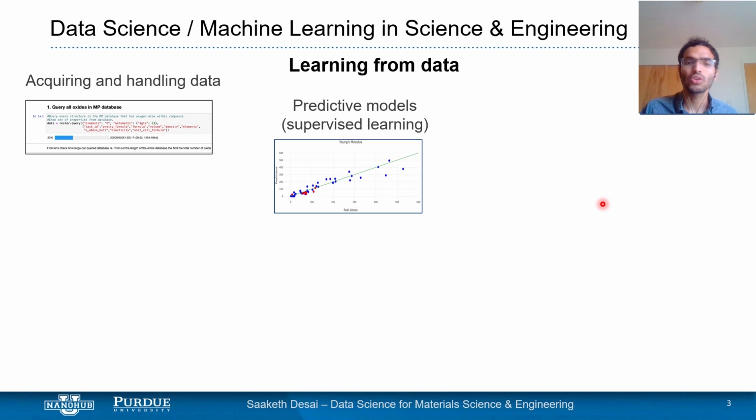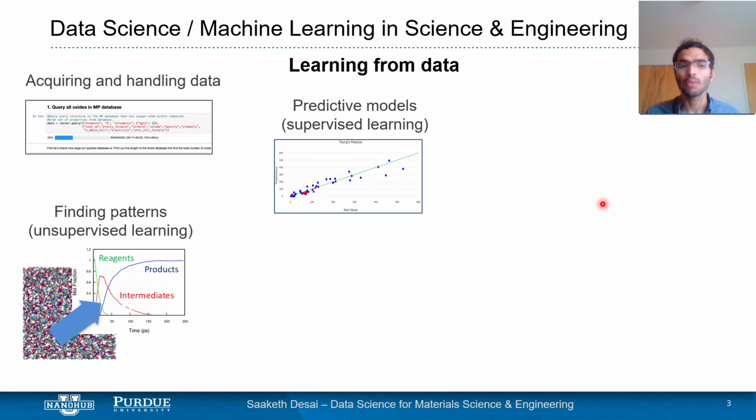And some previous modules also talked about developing predictive models. We started with linear regression, but the goal is to develop predictive models given the data that we have queried. This is often called supervised learning, and today we will explore one facet of this, neural networks.